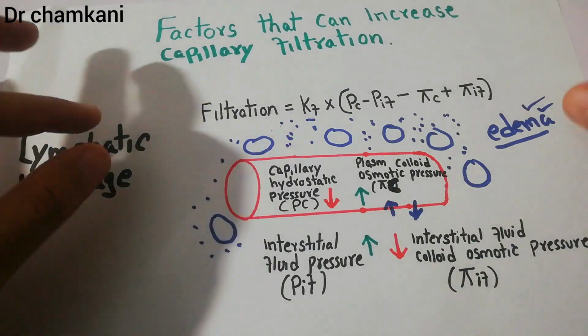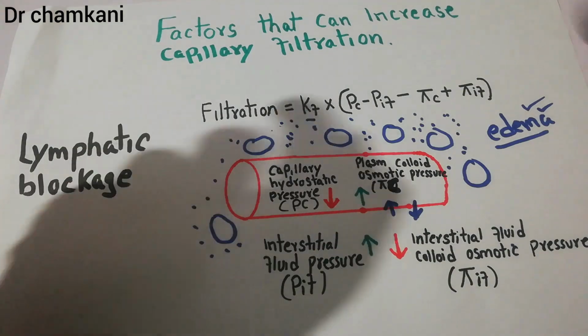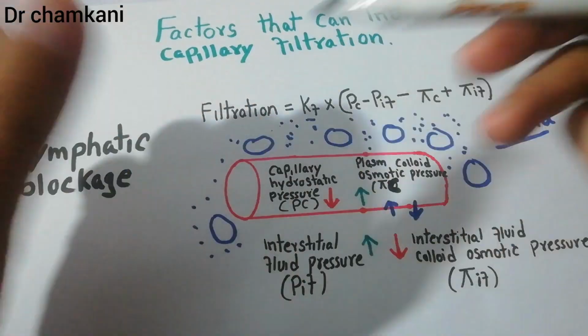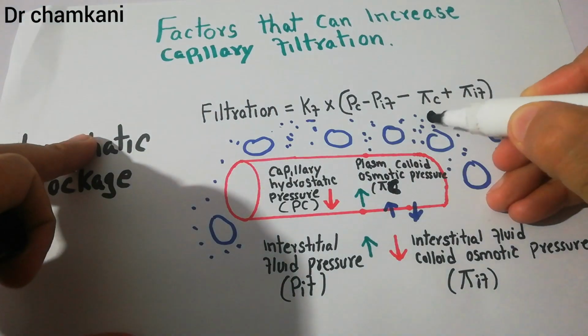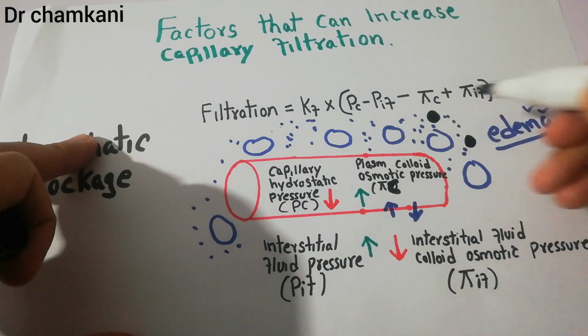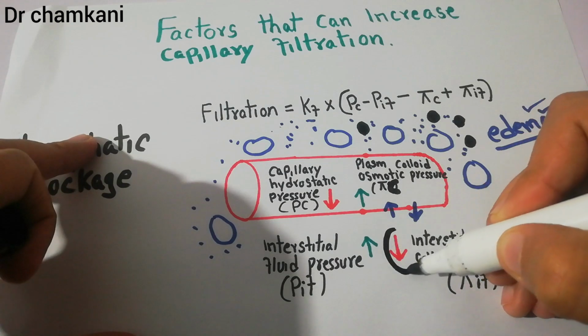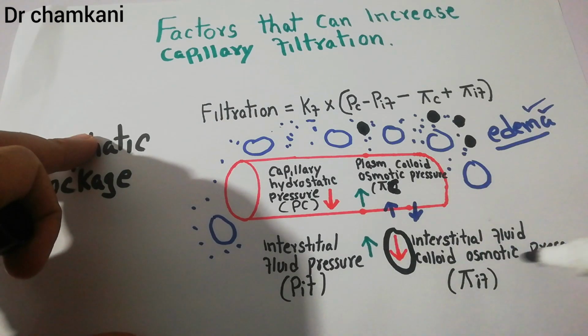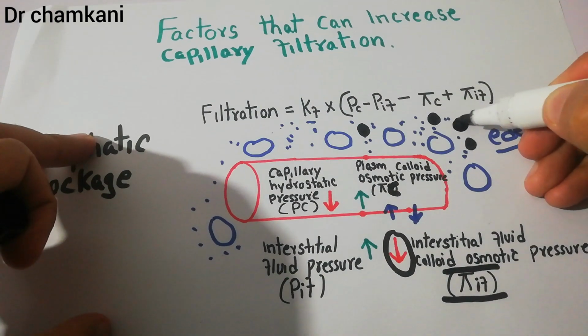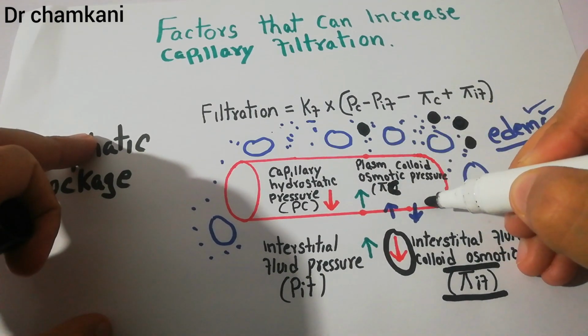In lymphatic blockage, the lymphatic vessels are basically responsible for taking away large particles. There are some large protein and fat particles in the interstitium which pull the fluid out into the interstitium, and that is the interstitial fluid colloid osmotic pressure. These large particles cannot enter the lumen of the capillary.